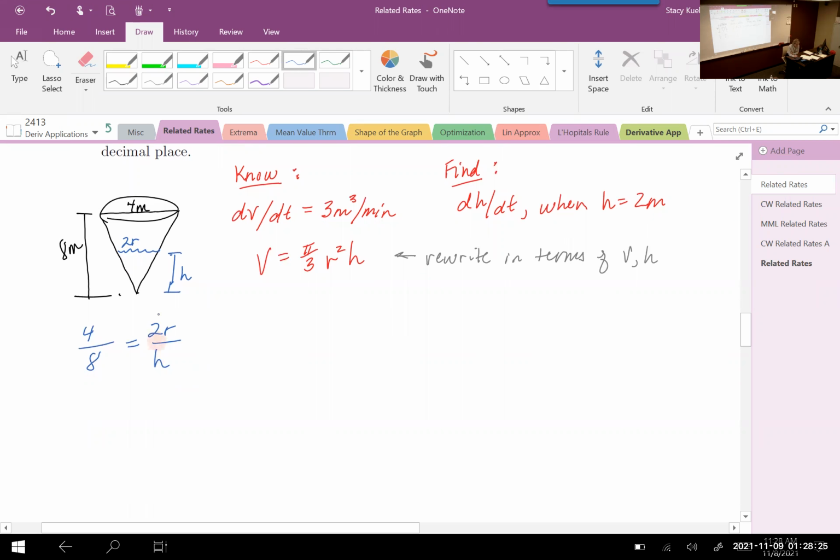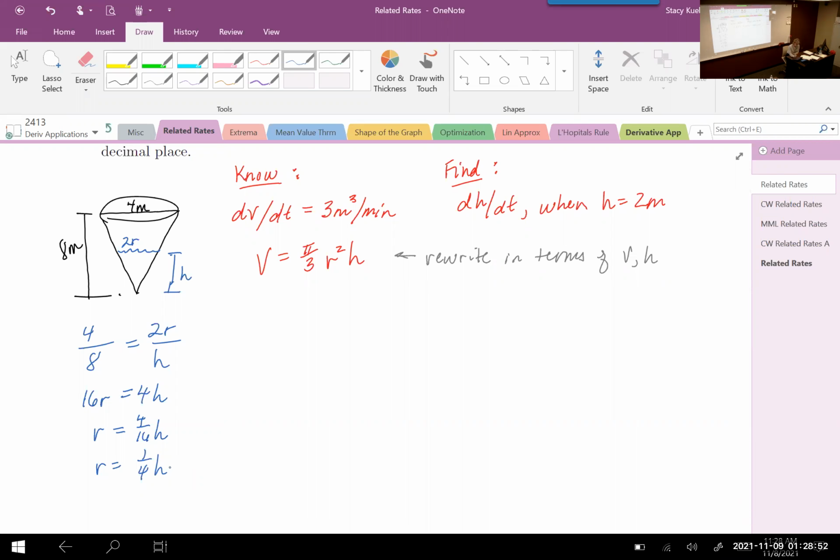I want to rewrite that for r. So I'm going to end up with 16r is equal to 4h, or r is equal to 4/16 h, or 1/4 h. Everybody understand? I just used similar triangles, or in other words, similar proportions, right?